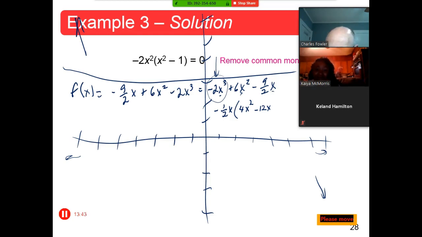Okay. When you factor out, what you're doing is dividing. Let's try it with the next one. We started with a -9/2, and we're dividing that by -1/2. Any guess of what that's going to become?